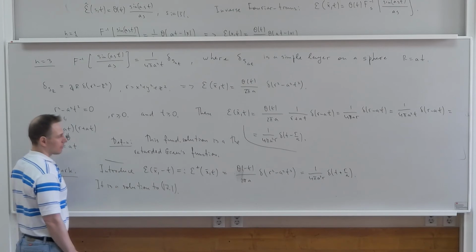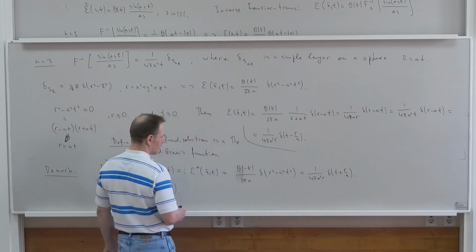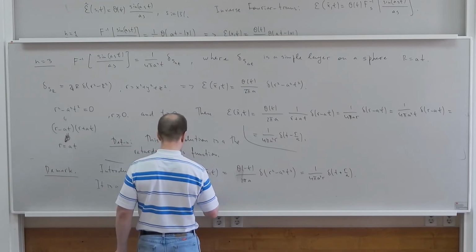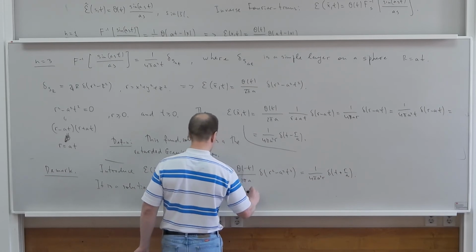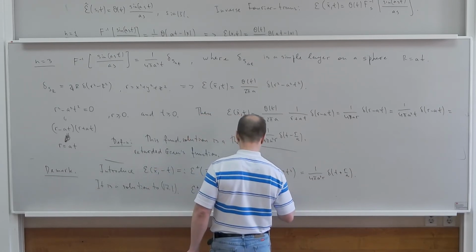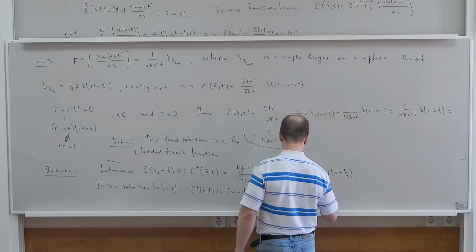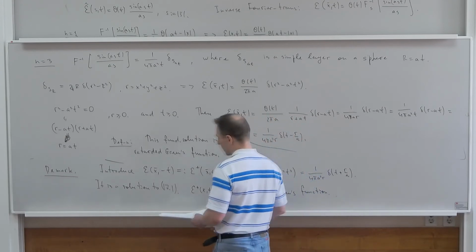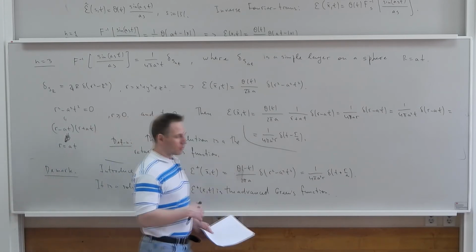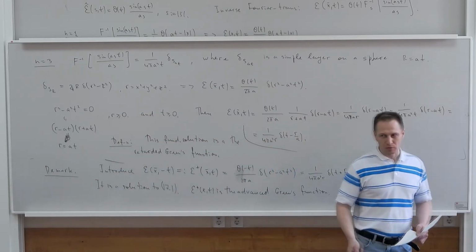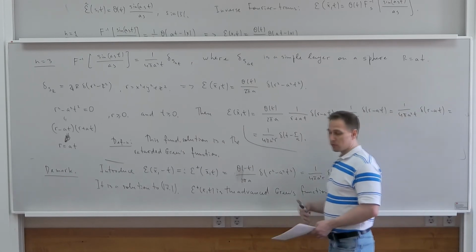This generalized function is called the advanced Green's function. It describes the evolution of perturbation into the past, contrary to the retarded Green's function, which describes the evolution of perturbation to the future.